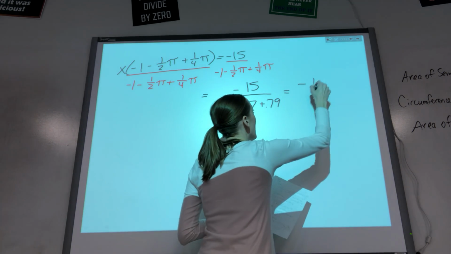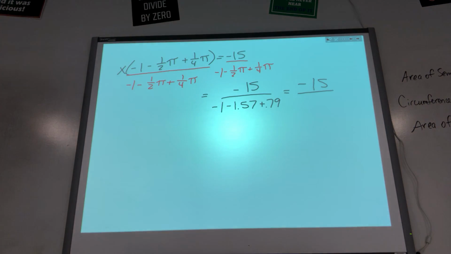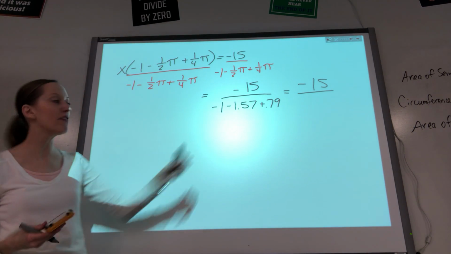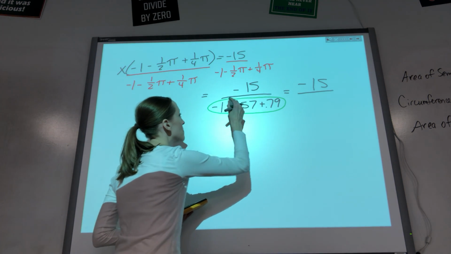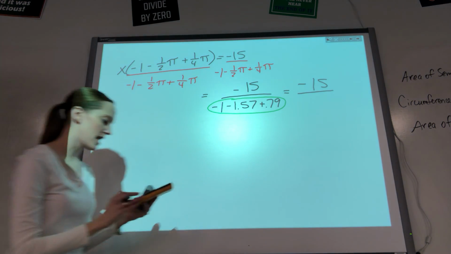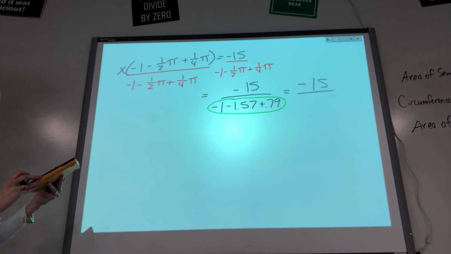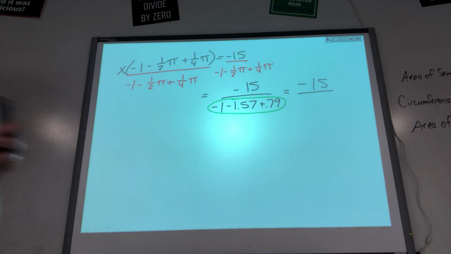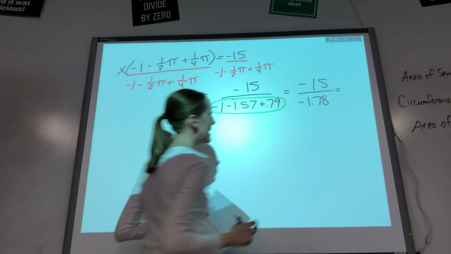0.79. Now again, I'm doing these steps because I don't like to do too much on my calculator, especially when there's a fraction involved. So at this point, I'm just typing that part in. -1 minus 1.57 plus 0.79, and that is -1.78.